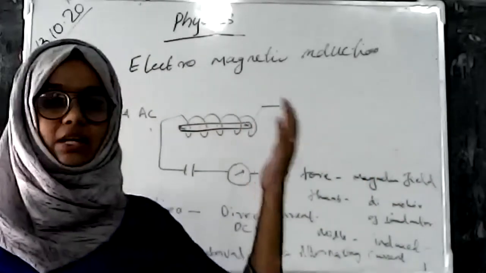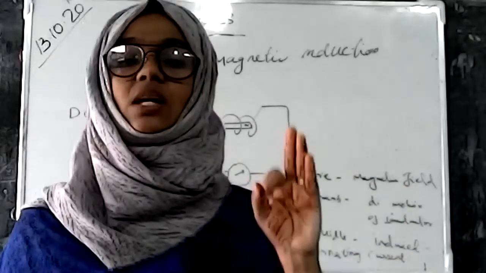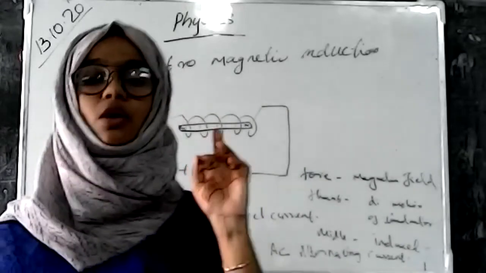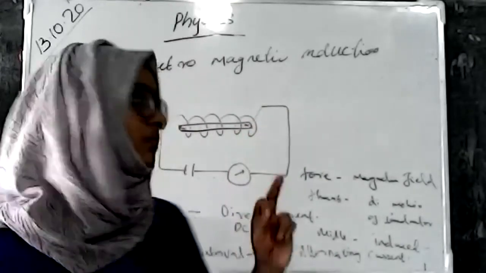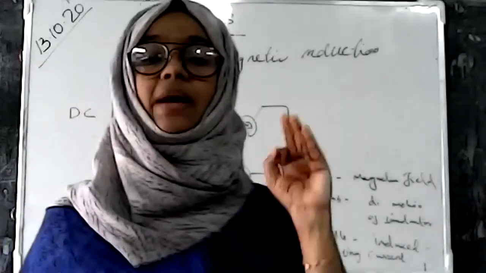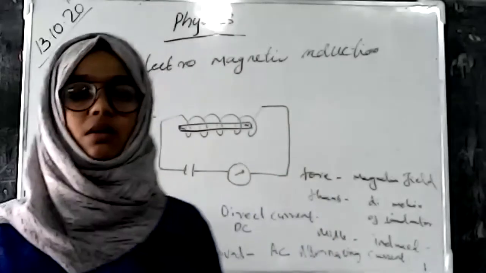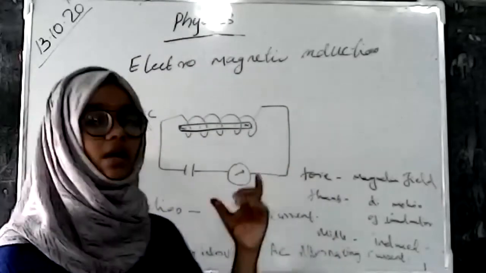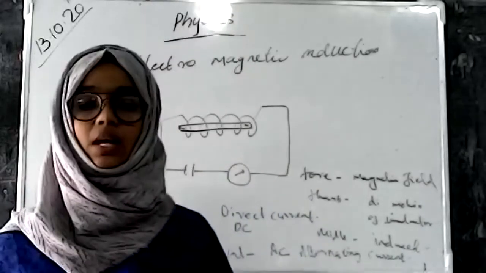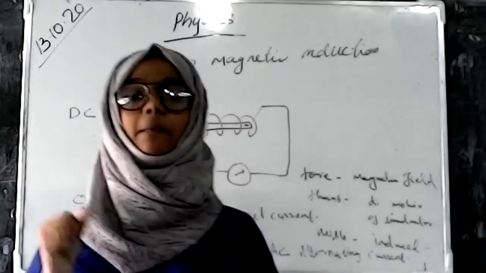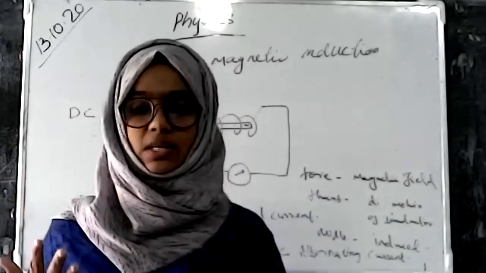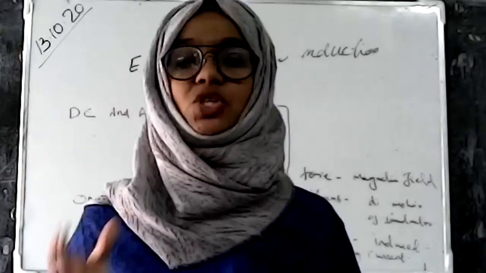To describe electromagnetic induction, we use three directions: the magnetic field, the motion of the conductor, and the induced current. Based on these three directions, we state a rule, Fleming's right hand rule. These three directions are mutually perpendicular to each other. This mutual perpendicularity makes maximum induced EMF.